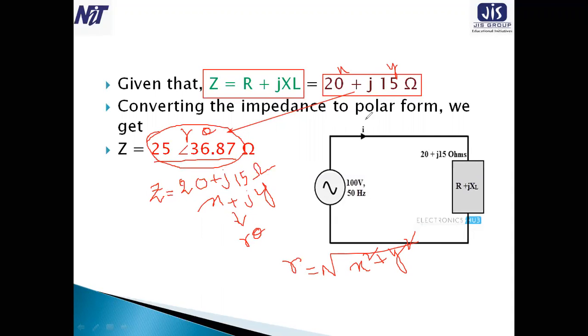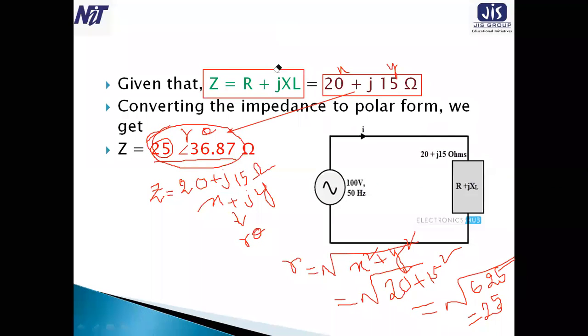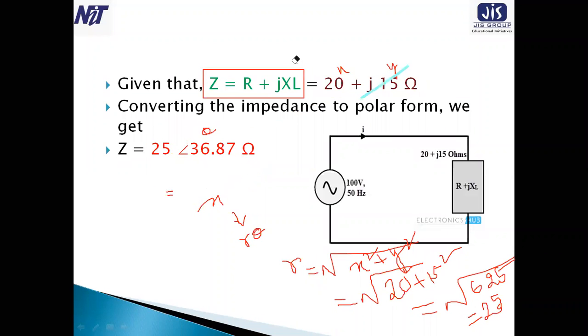So putting the value, r equals root over 20 square plus 15 square, that is equals 400 plus 225, 625, and we know that this is equal to 25. So the value 25 is there. In this way we can find the value of r from the given problem.